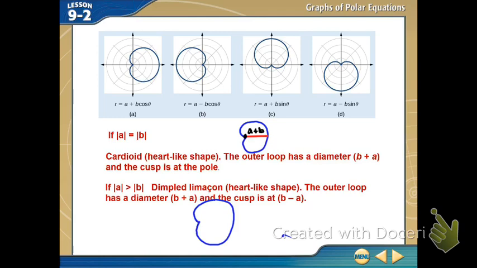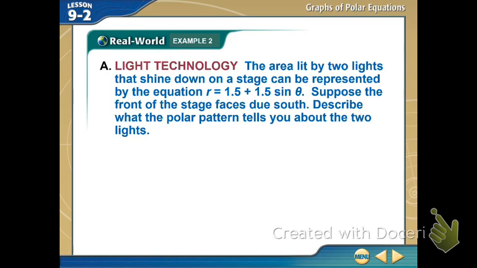And the big difference will be, instead of having the cusp at the pole, the cusp will be at B minus A, and then we'll measure the diameter out, and it'll still have a diameter of B plus A. So how are these different? This one is at the pole, whereas this cusp is at B minus A. Okay, let's take a look at some of these.